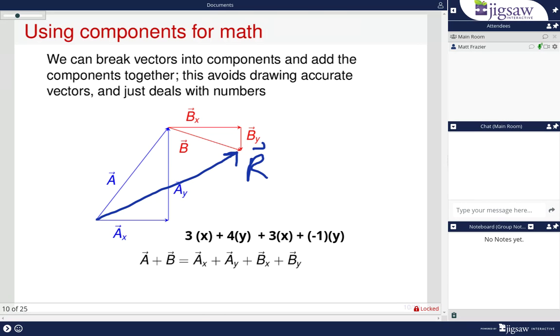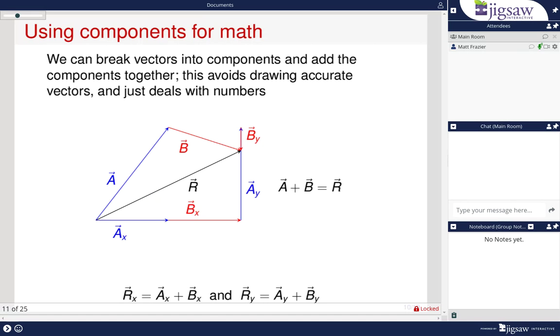And then it goes up 4 and down 1, so it goes 3 in the y direction. So we have an idea of manipulating just the numbers. Some of the stuff will just be bookkeeping when we get there. But that's our result. Our result just adds them up.